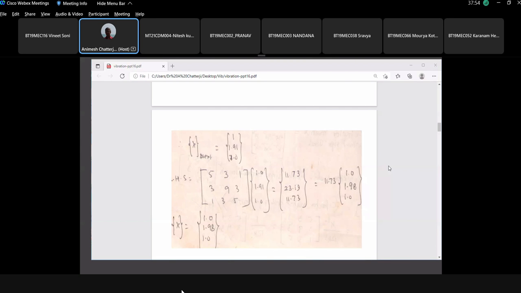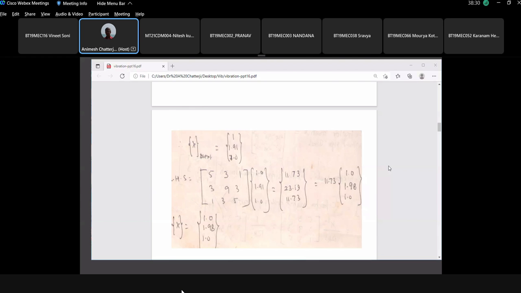You will see, very interesting. So that sentence you have to understand. Your starting vector can have a sign change, but it doesn't mean that if it has one sign change, it will converge to the second mode shape. No. If it has 2 sign changes, it will converge to the third mode shape. No.